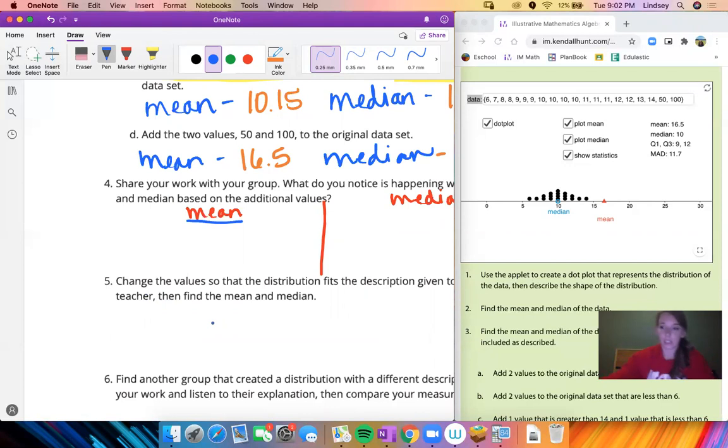I noticed that when we add larger extremes, my mean increased.